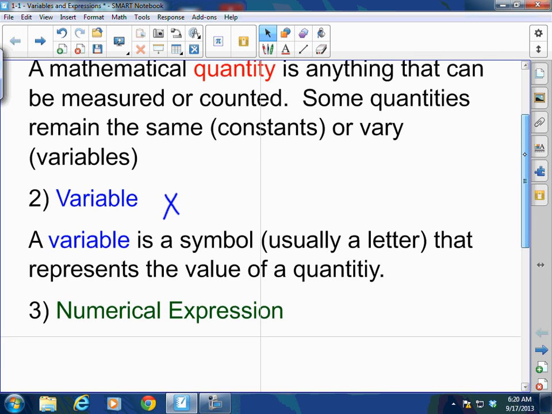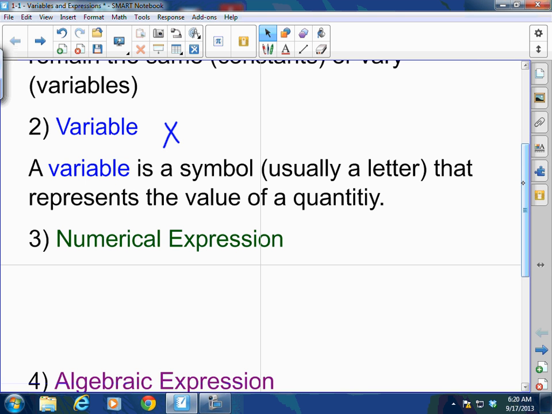And you could use any letter for variables. I usually use x or n, sometimes w or c or t, depending on what they're asking of me. Sometimes in word problems, it's good to have different letters representing something that has meaning within the actual problem, so you can really understand it.